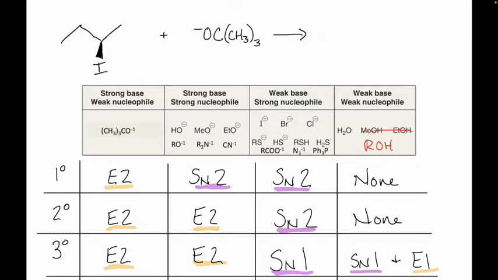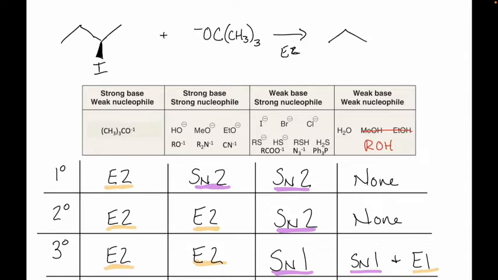What's my mechanism? Sn1, Sn2, E1, E2. So this one would be the E2, right? Because now I'm this category right here. Oh, that's a 2, believe it or not.